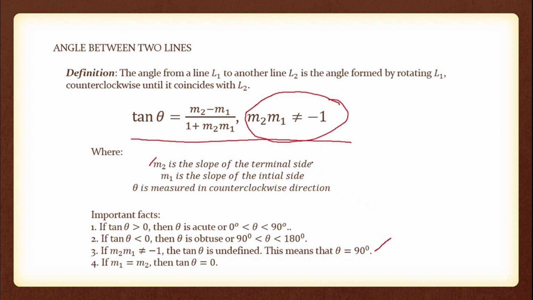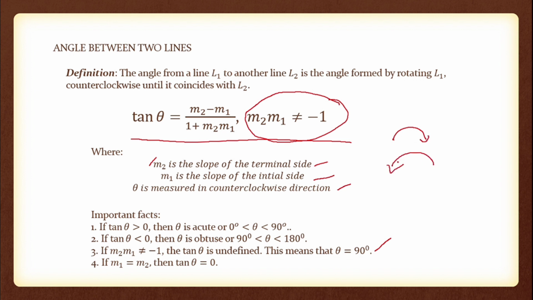So m2 again is the slope of the terminal side, and m1 is the slope of the initial side, and theta should be measured in a counterclockwise direction. Take note, this is the clockwise direction, and so therefore we have here the counterclockwise direction.